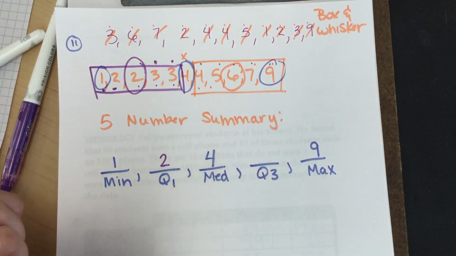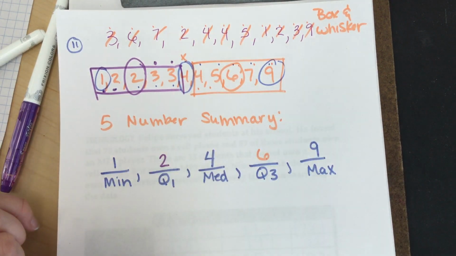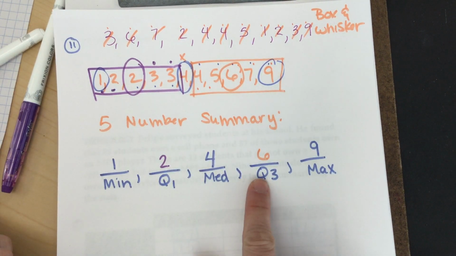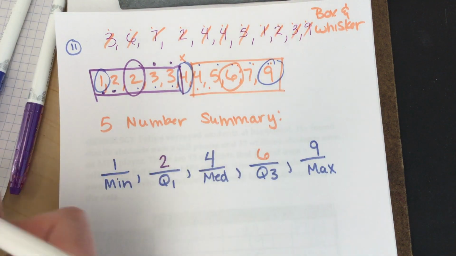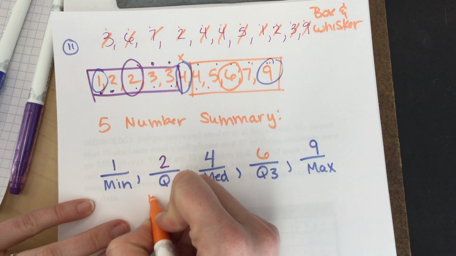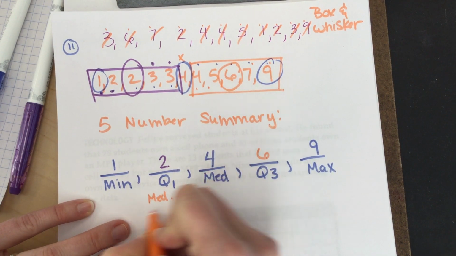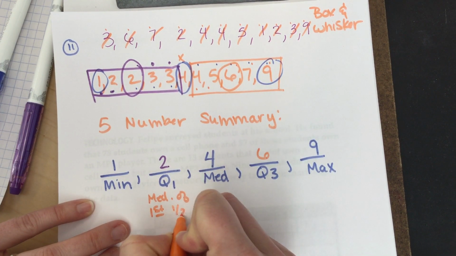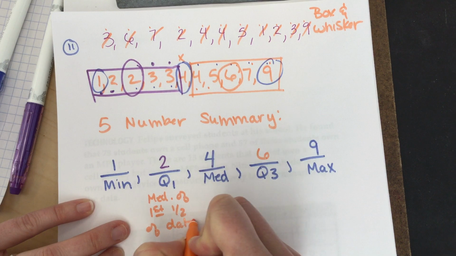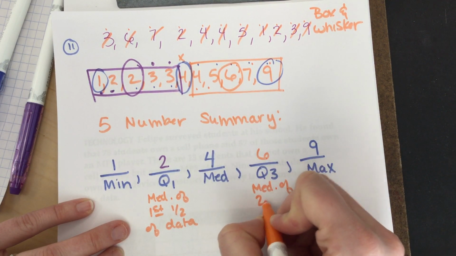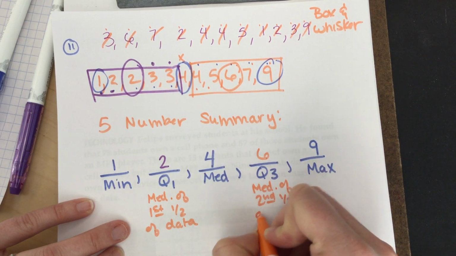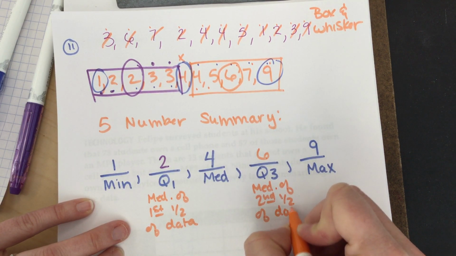This value of 6 is exactly in the center. Therefore, it is Q3. Don't forget, Q1 is the median of the first half of the data, and Q3 is the median of the second half of the data.